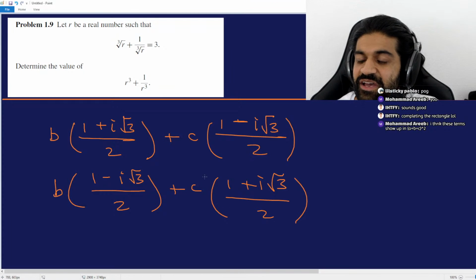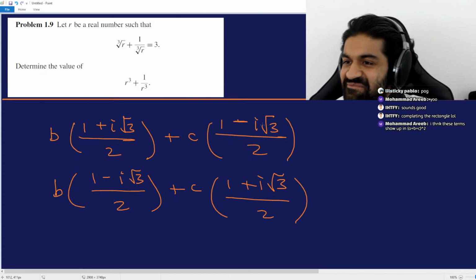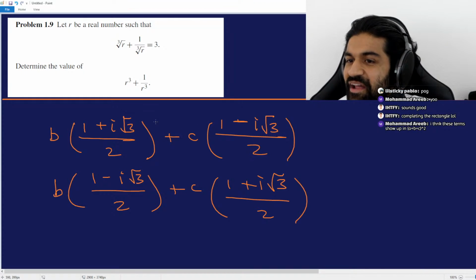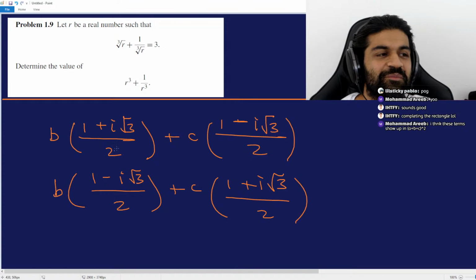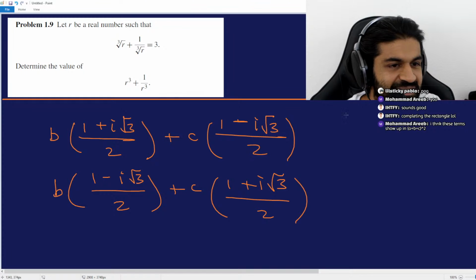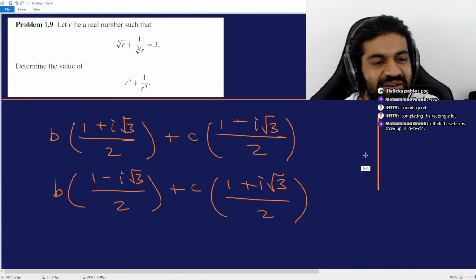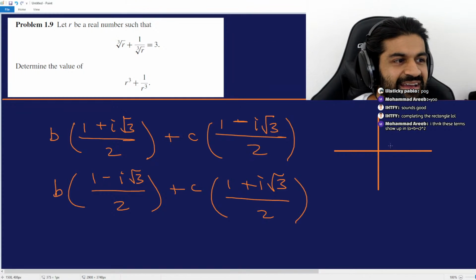Okay, so anyone recognize these numbers? These numbers are the cube roots of 1, okay? So for example, if you were to cube this number, you would get 1. So for example, if you were to plot 1 plus I root 3 over 2 on the complex plane, where would it be?